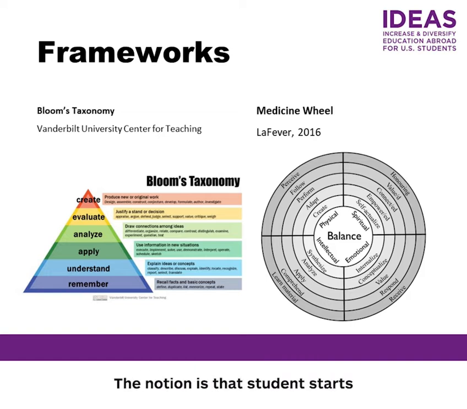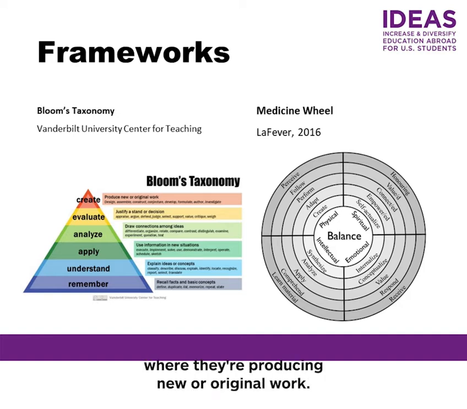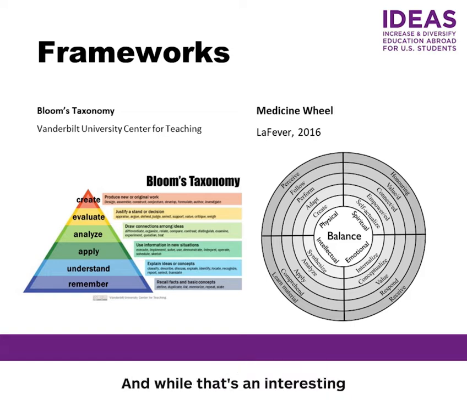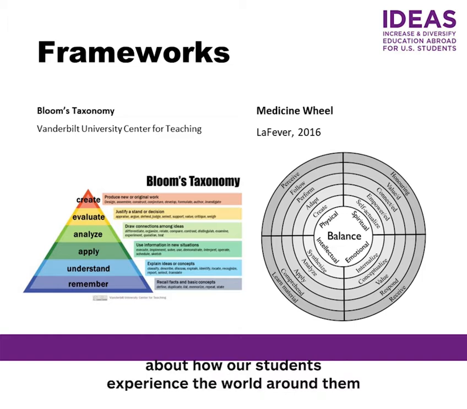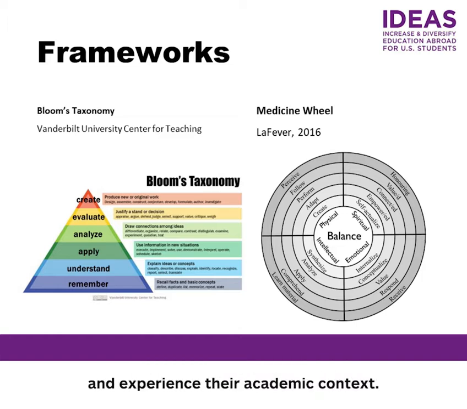The notion is that a student starts at the foundational skill of being able to recall certain facts, and over the course of participation in college or university, they get to the point where they're producing new or original work. And while that's an interesting and foundational place to start thinking about student learning goals, I think we can start thinking a little bit more expansively about how our students experience the world around them and experience their academic context.